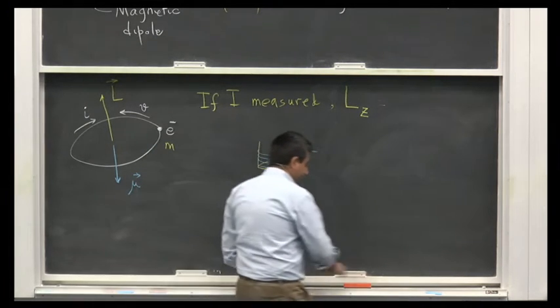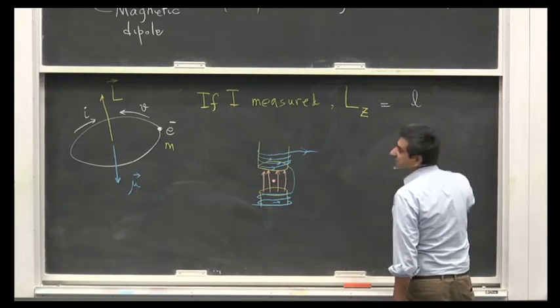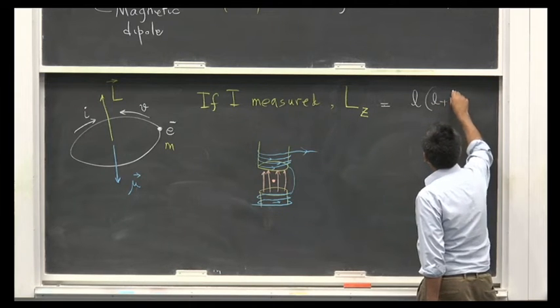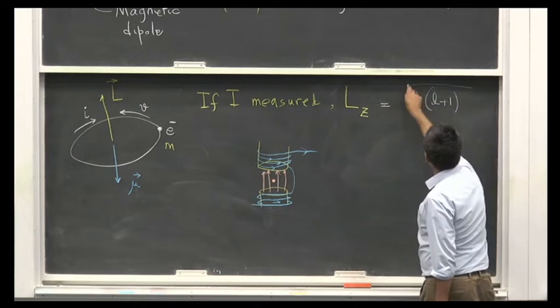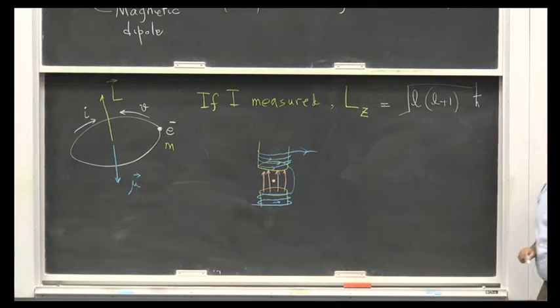And those values, they are given by L, which is some number, L plus 1 under root, h bar. I only get these precise values of orbital angular momentum.